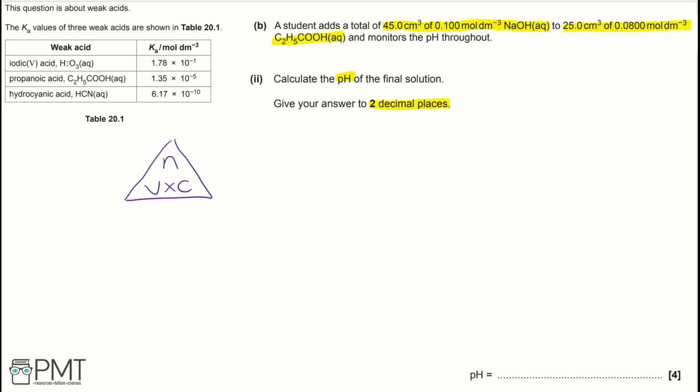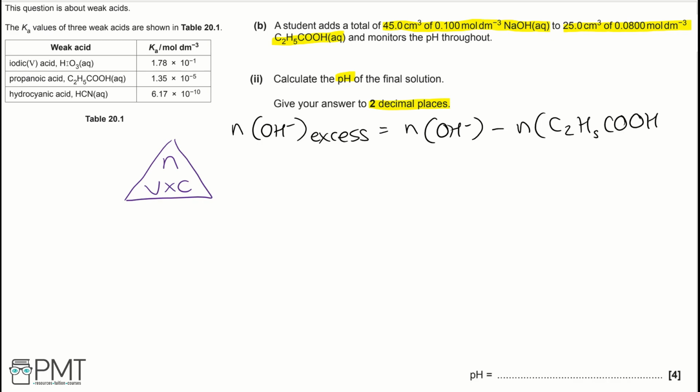And what we're going to do is work out the number of moles of OH minus that are in excess. That's equal to the number of moles of OH minus, subtract the number of moles of C2H5COOH.